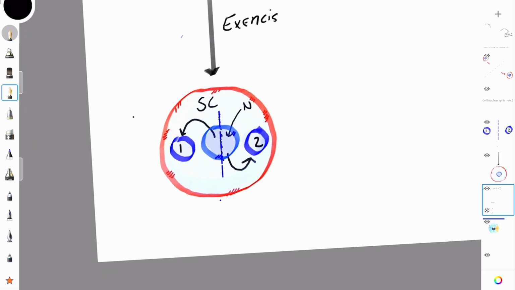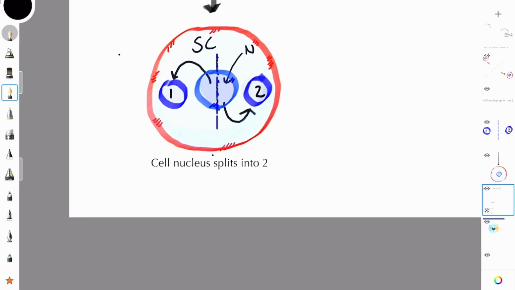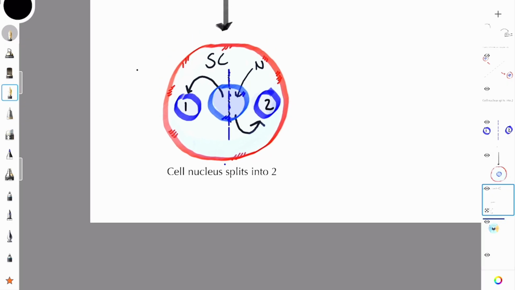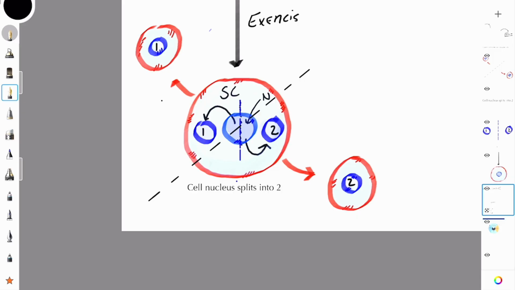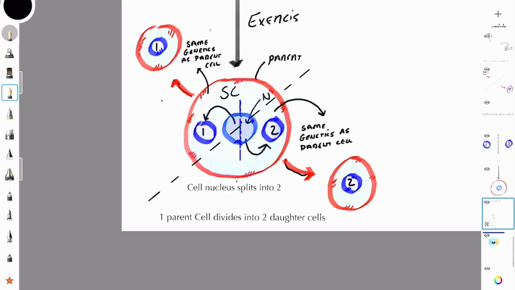And then what's going to happen there is this cell nucleus splits into two, and then we are going to have the satellite cell split into two, right? So from one parent cell, we get two daughter cells, right?